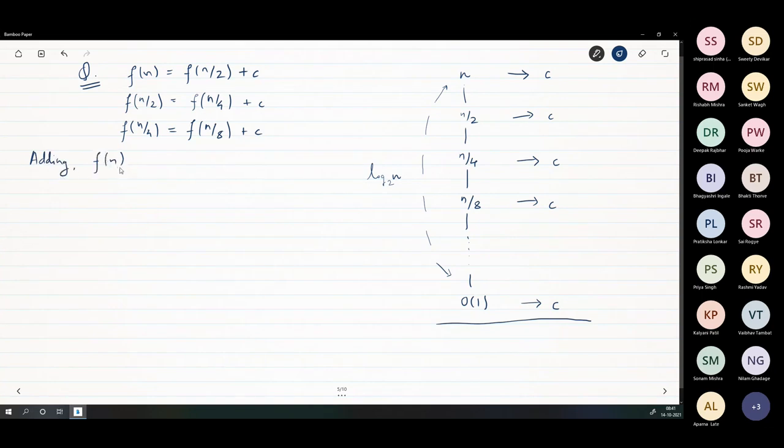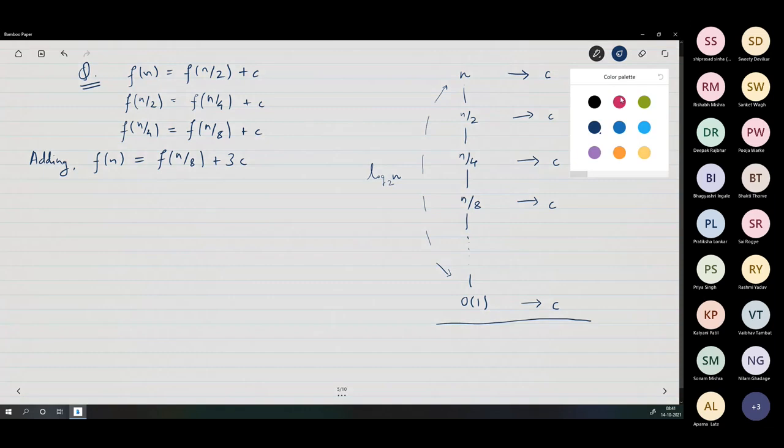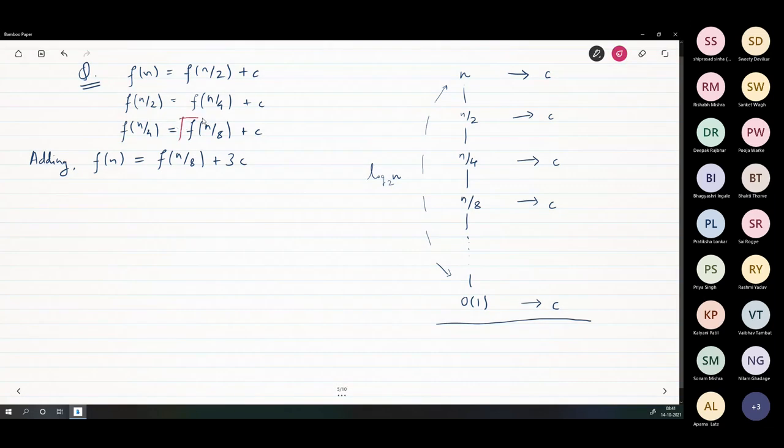Now let me write it directly. F of n by 4 will cancel, f of n by 2 will cancel. So you get f of n is equal to f of n by 8 plus 3c. Because at the last equation, what was remaining was f of n by 8, and the number of times c has come, which is 3. That will be the total cost.